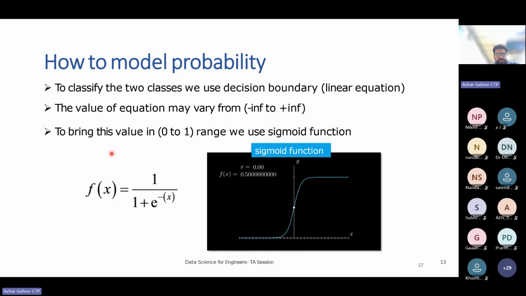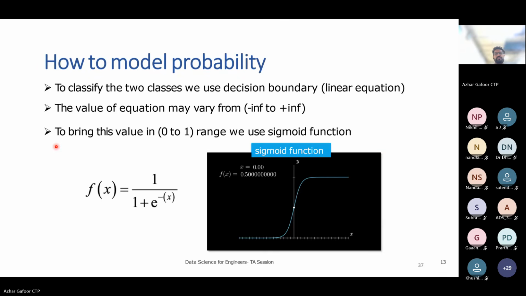So here we have it. Here is the function: f(x) is equal to 1 divided by 1 plus e raised to minus x. To classify two classes, we use a decision boundary or a linear equation. The value of this equation can vary from minus infinity to plus infinity. x can take values from minus infinity to plus infinity.